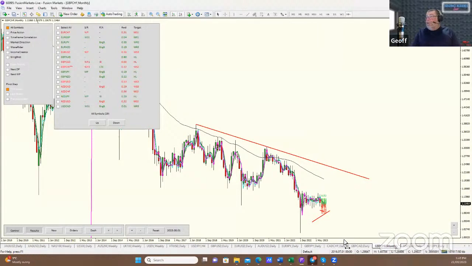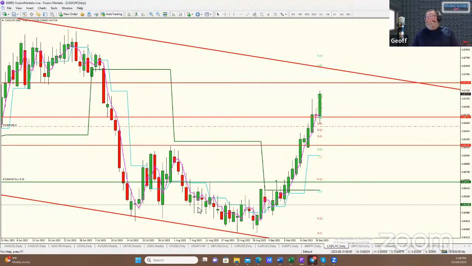So I've been trying to find that for a long, long time. But same applies to CAD Swiss. We've tried to get into this for a long, long time, and finally it's happened. It will happen with pound Swiss. I don't know if it's going to be next month, next week, next year. Don't know. But it is still in a downtrend, Danny, 100%.